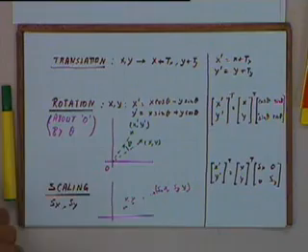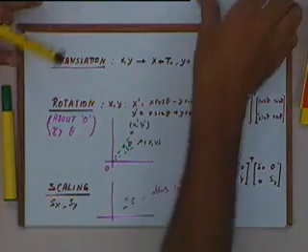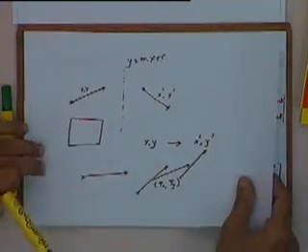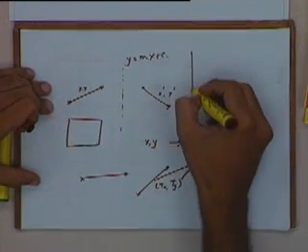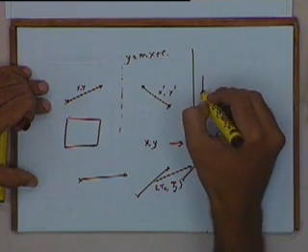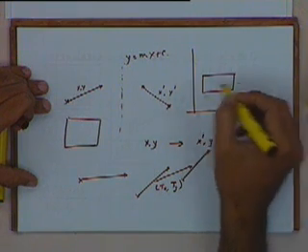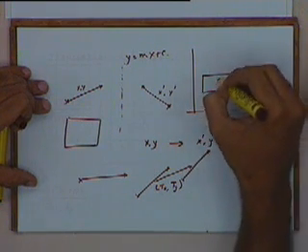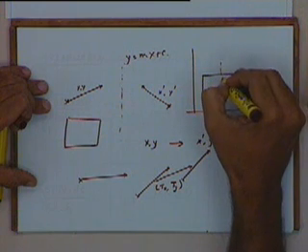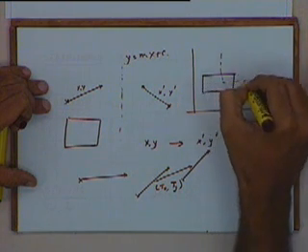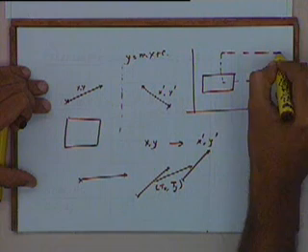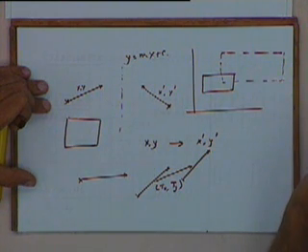So what would happen in a case like this is, if we have a rectangle and you scale it, then this will get modified to something like this.